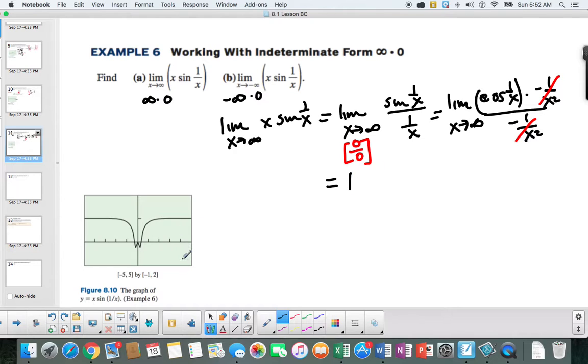And you can see that as we approach infinity, the y values are getting closer and closer to 1. And the argument is the same for the b. We can go through the same kind of thing.